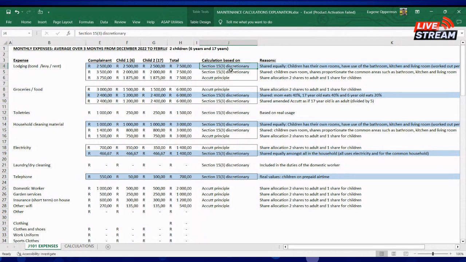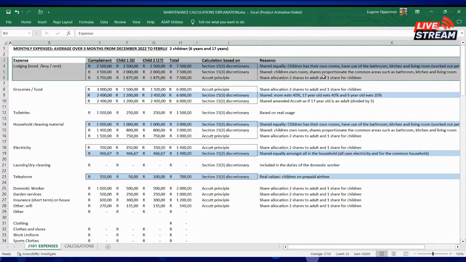This is not just something that you suck out of your thumb in order to complete the form and just fill in the little blocks. So if we look, for example, at the expense of lodging, I've marked 3 scenarios which could be used. And this is why I like using a spreadsheet, because you can delete something or you can add something, and you can manipulate what it looks like in order to make it more to your advantage at the end of the day.